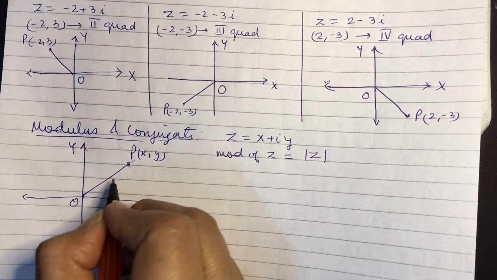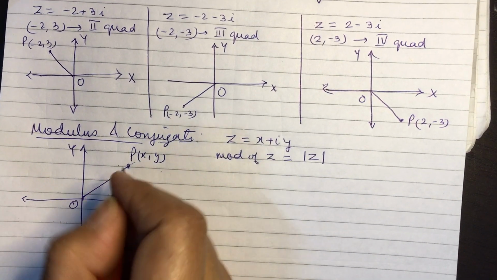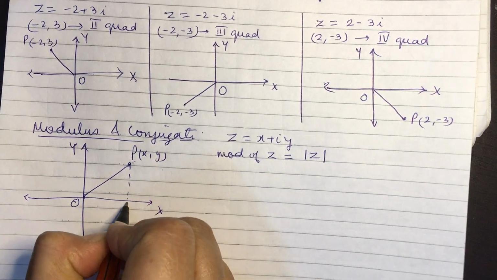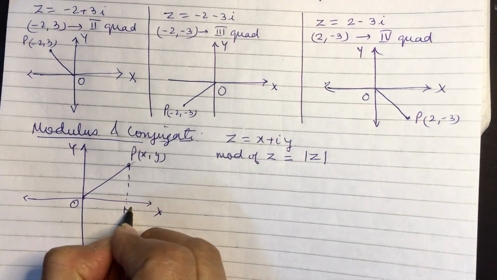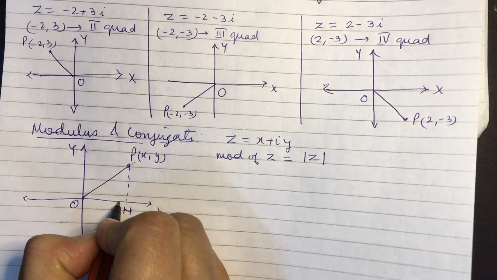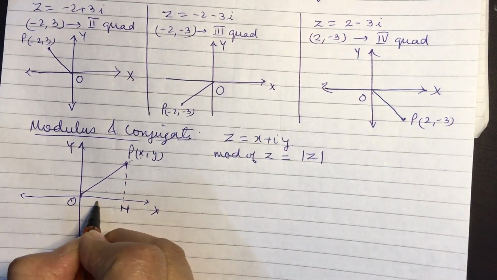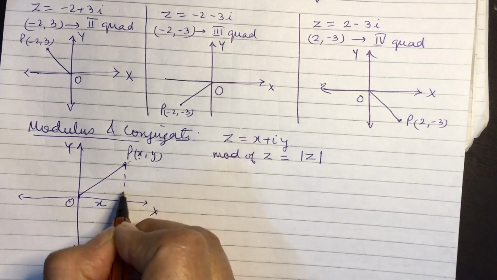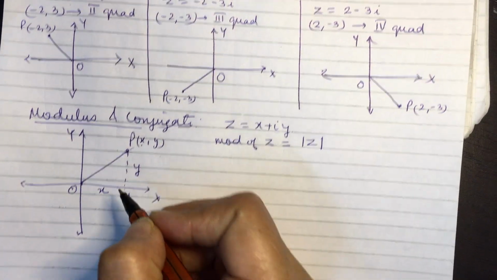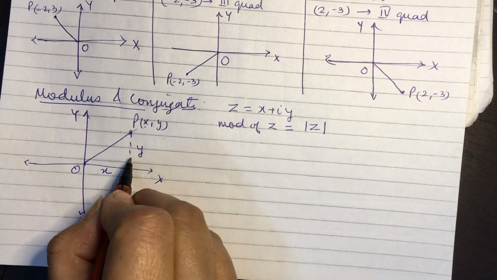Now, from this point, if you drop a perpendicular to the x axis, let us call it N. Very obviously, if this is the x coordinate, this length becomes x. If this is the y coordinate, this length becomes y.